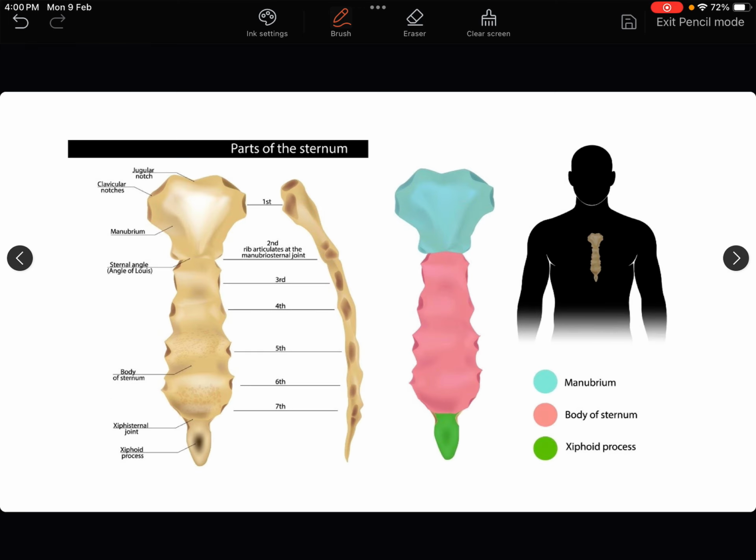This is the part of sternum. This is called xiphoid process. This is called the body of sternum, and this is manubrium sterni. So now if I draw a line like this, this angle is called the angle of Lewis.